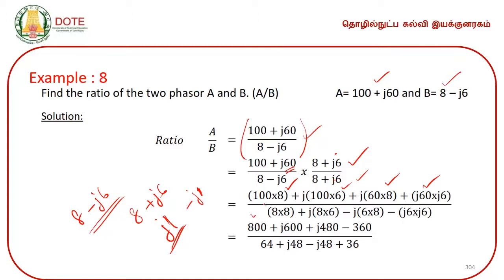The result is 800, j 600, j 480. Now, you can see j into j again is minus 1. So, minus 1 into 6 is minus 6, minus 6 into 60 is minus 360, which is a real number. Similarly, at the bottom, j 6 into j 6 is j square 36, j square is minus 1, it becomes plus 36 here. So, you segregate all the real numbers, you segregate all the imaginary parts, and then you add.